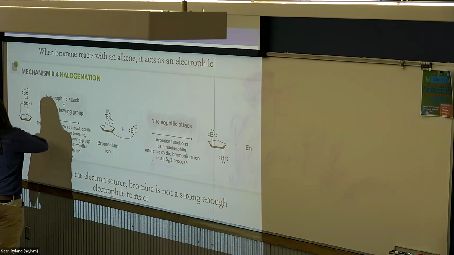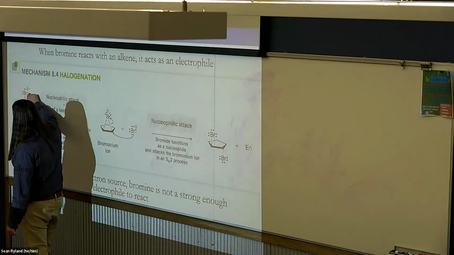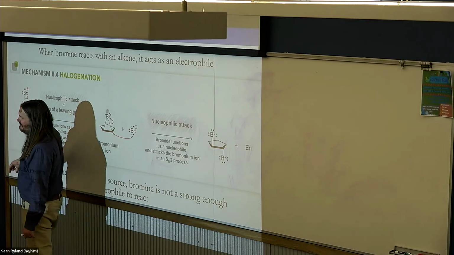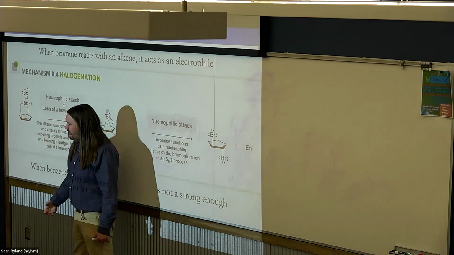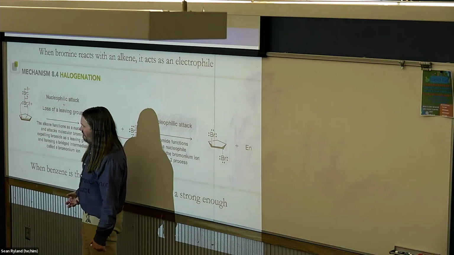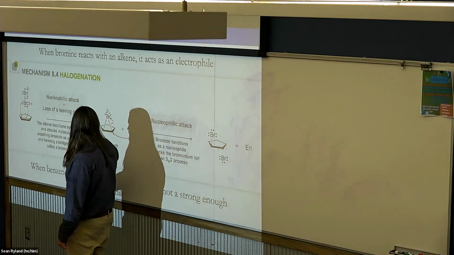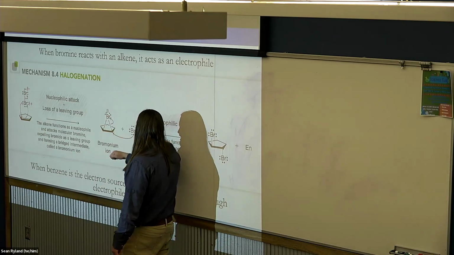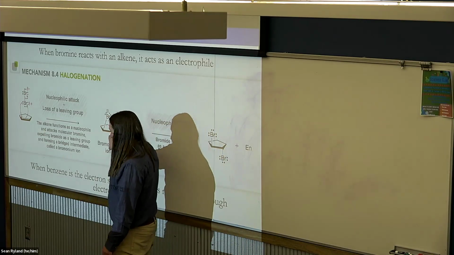And we basically said, okay, if you've got Br2, one of those bromines can take a pair of electrons, and the other one is missing a pair of electrons, and it basically bonds on to the electrons from the alkene, from the pi bond. We made this bromonium ion, and then we had our nucleophile come in from the other side.